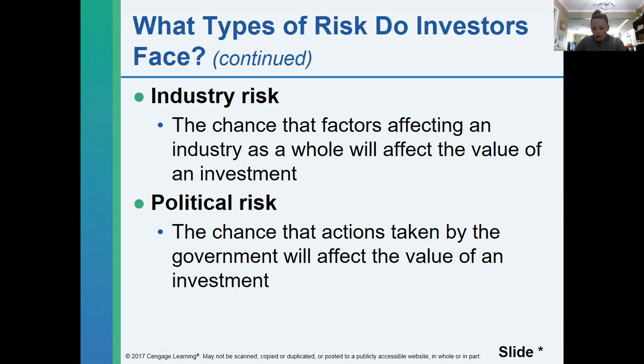So if you have stock in gas companies, or maybe you have stock in a car company, those might be severely affected by this new law that will take place down the road.